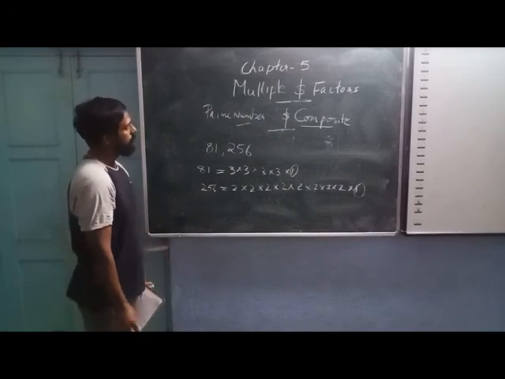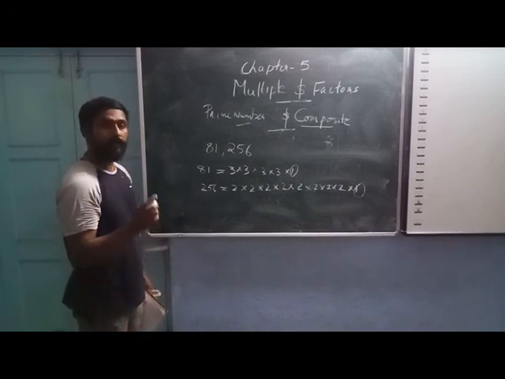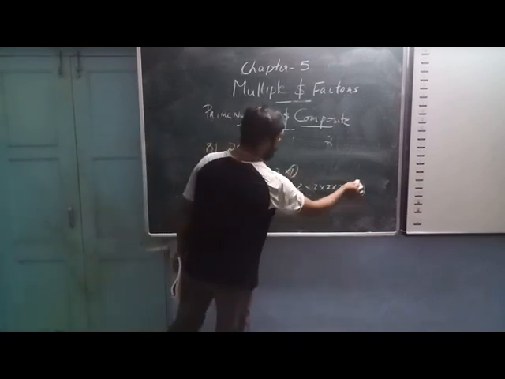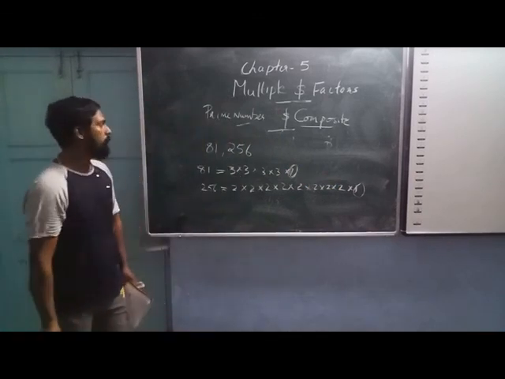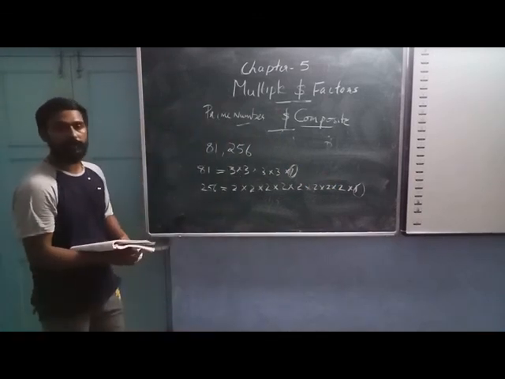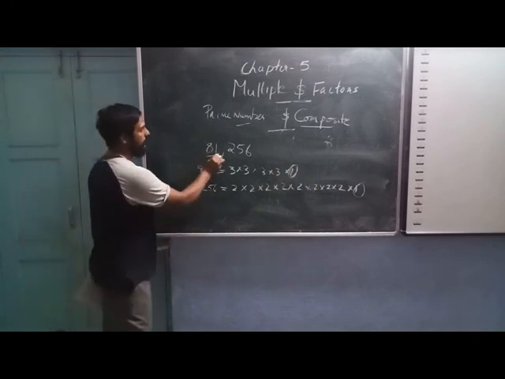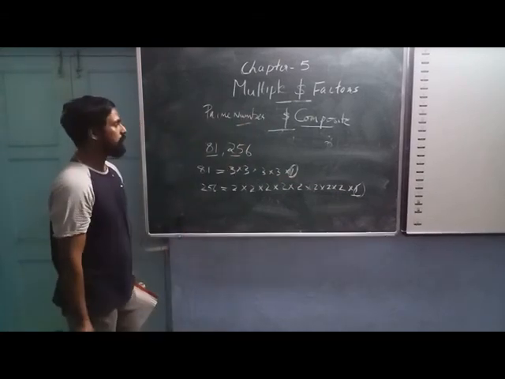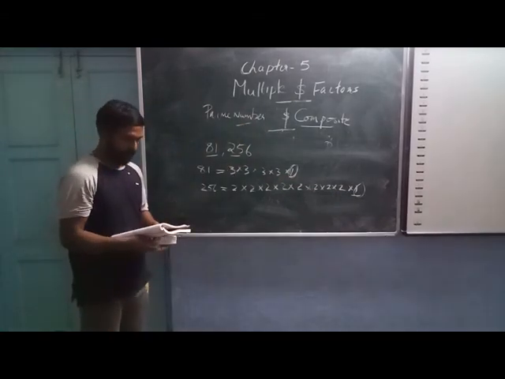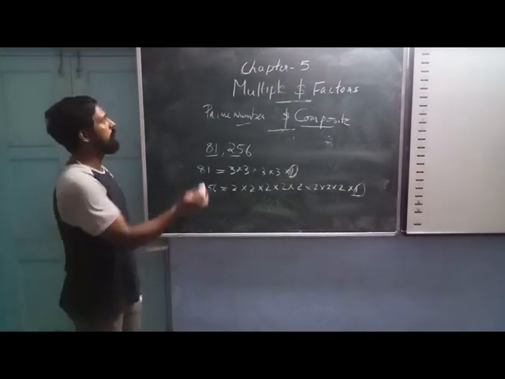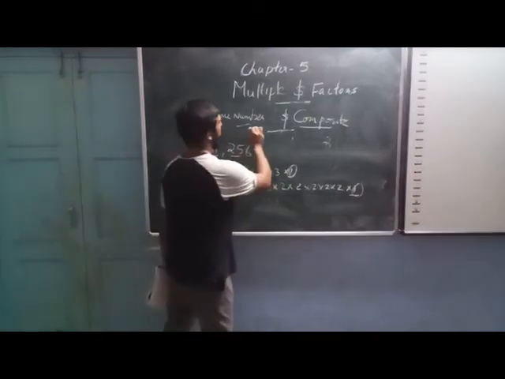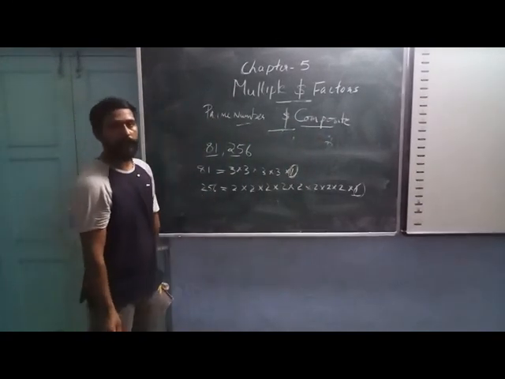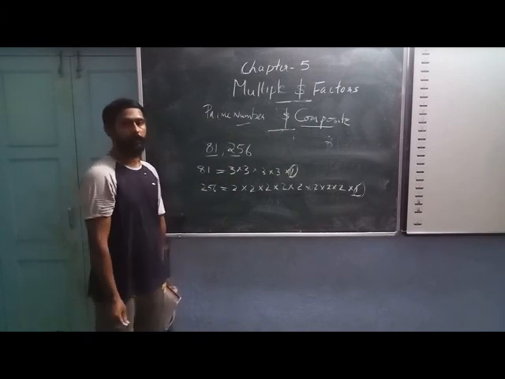So 1 is the common factor here, right? Such numbers are called co-prime numbers. Is that clear? The numbers that have only the factor 1 in common are called co-prime numbers. So this is about today's class. Now let us practice prime numbers, composite numbers, twin prime numbers, as well as co-prime numbers. Okay, thank you students.